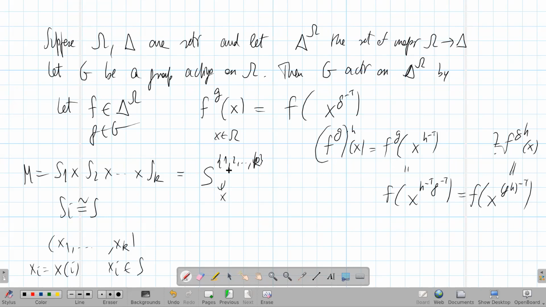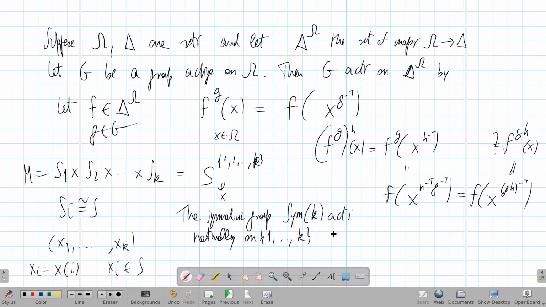K-tuples are just functions from {1,...,K} to S. And then of course the symmetric group Sym K, by definition the group of permutations on {1,...,K}, acts naturally on M equal S1 × ... × SK.